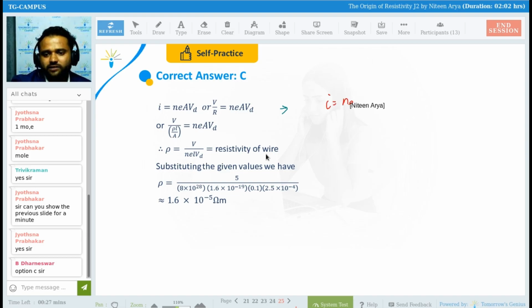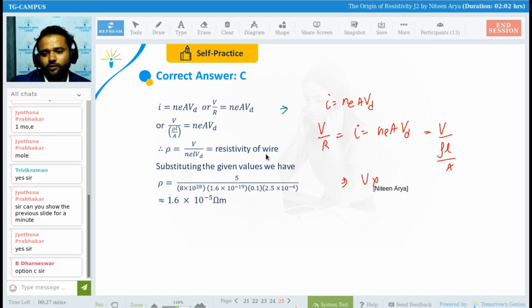This is I equals nAevd, and V by R is I equals nAevd, and put the value of R, which is rho L by A. So V into A divided by rho into L equals nAevd.